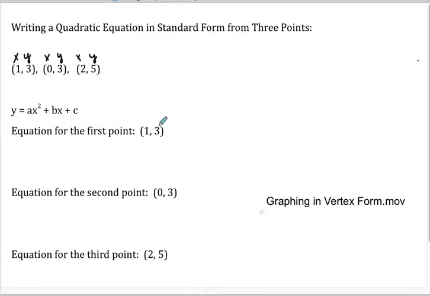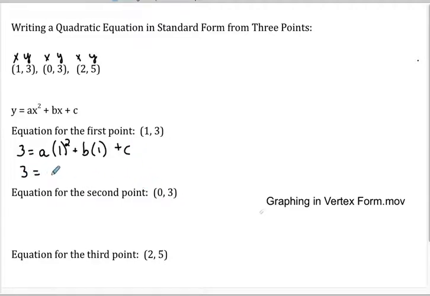So let's take a look at this first point, right? I've got an x value of 1, a y value of 3. I'm going to see what I can do with it, see what happens if I plug that in. So let's take that 3. That replaces the y in y equals a times the x value, which is 1, squared, plus b times the x value, which is still 1, plus c.